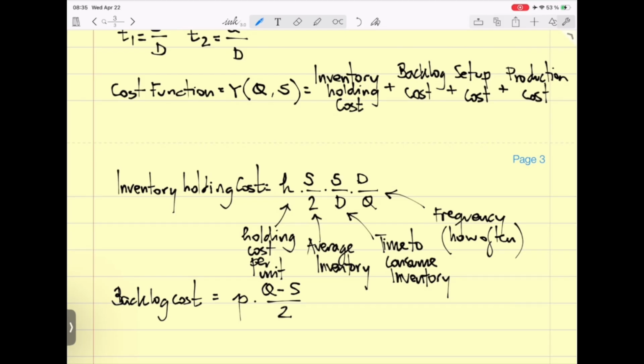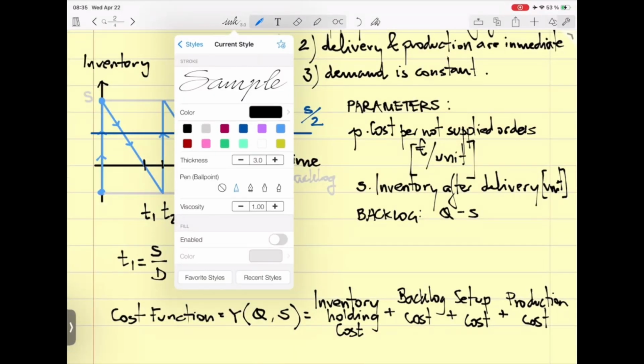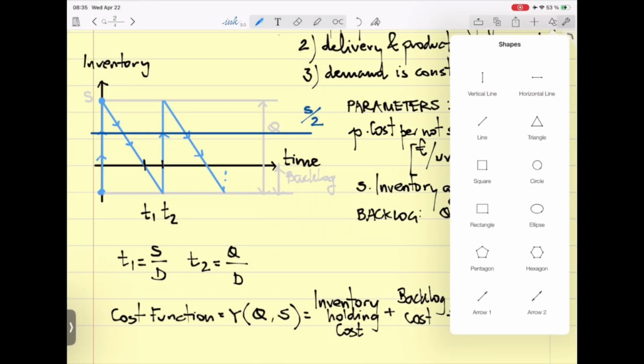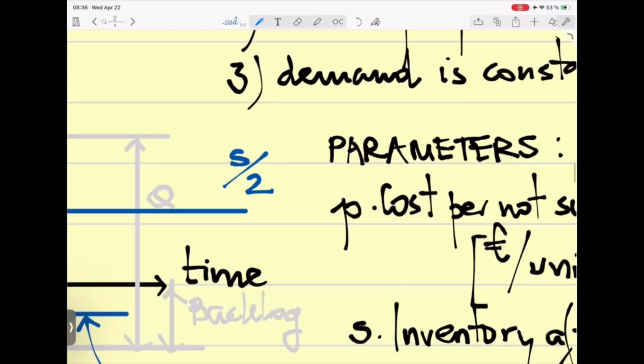This is the average backlog, same logic as before: Q minus S divided by 2 is the average backlog, and S divided by 2 is the average inventory.